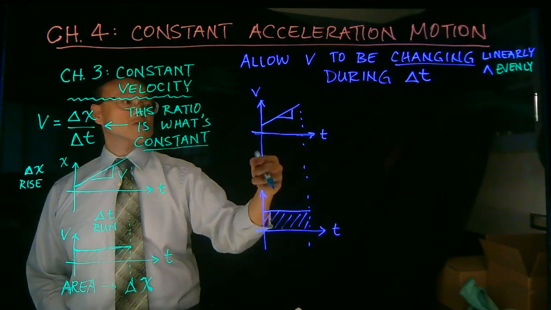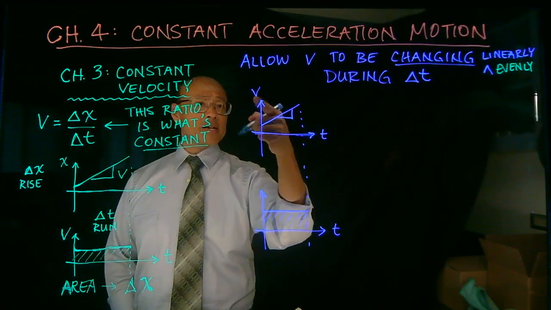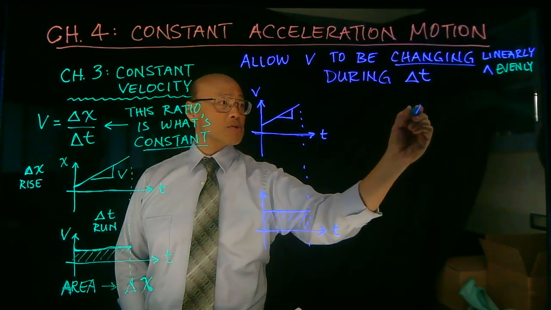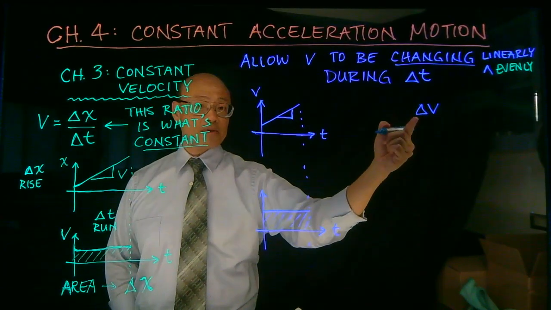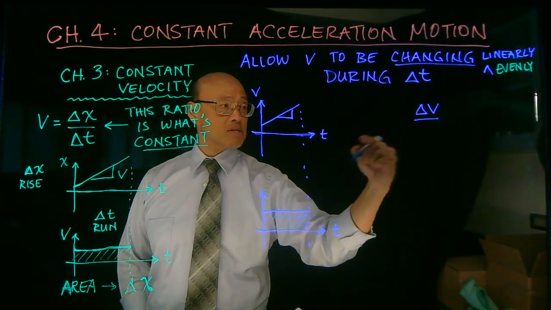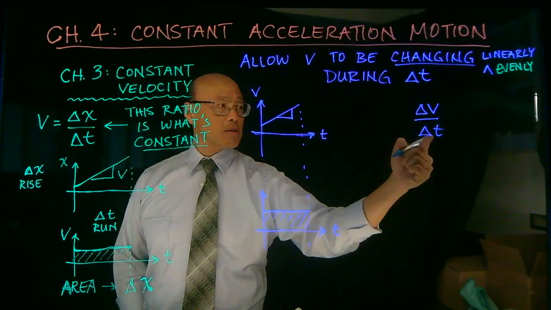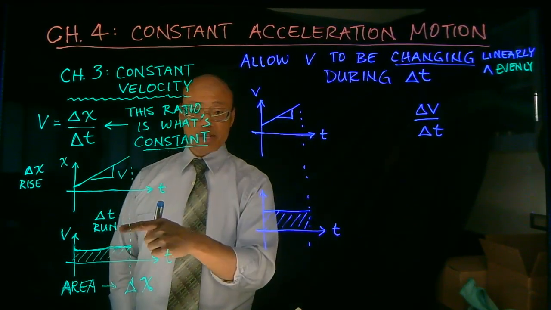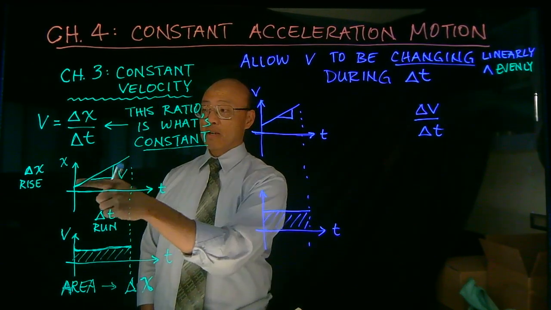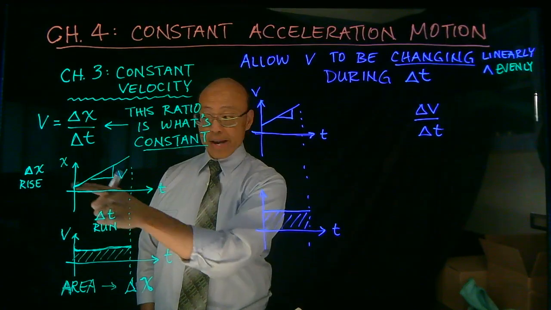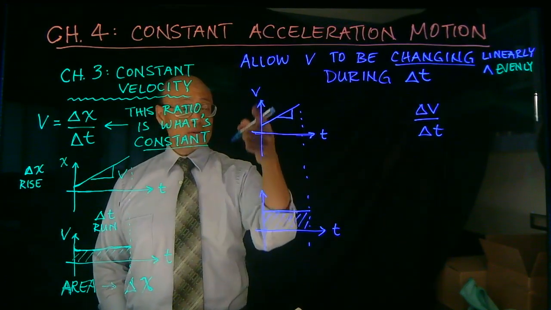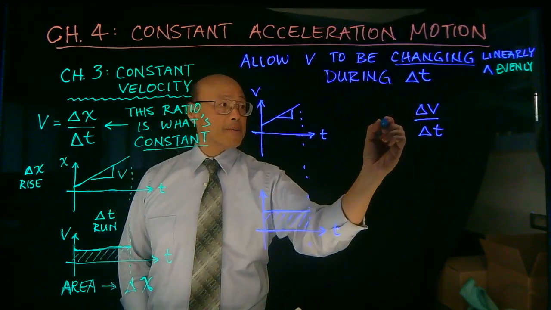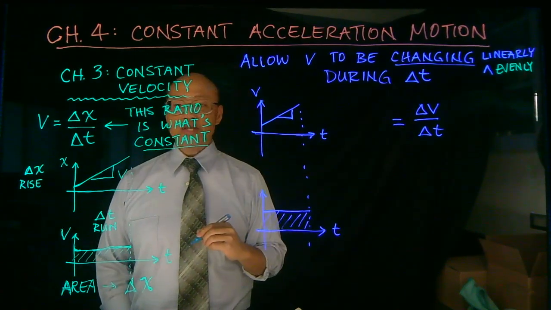All right, so let's look at the slope. Well, v is the rise, that's delta v, and this is delta t, the run, just like this graph. Delta t is the run, and the delta of the vertical axis is the rise. The vertical axis here is velocity. Well, what's that ratio?